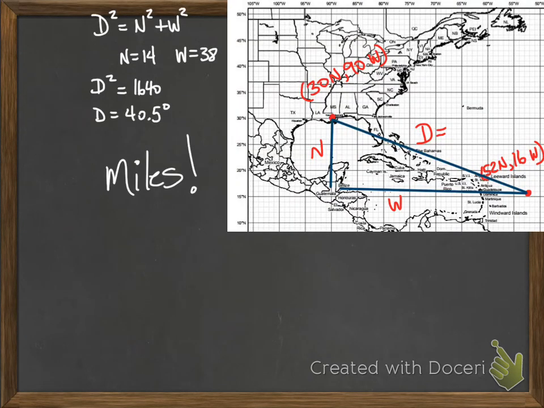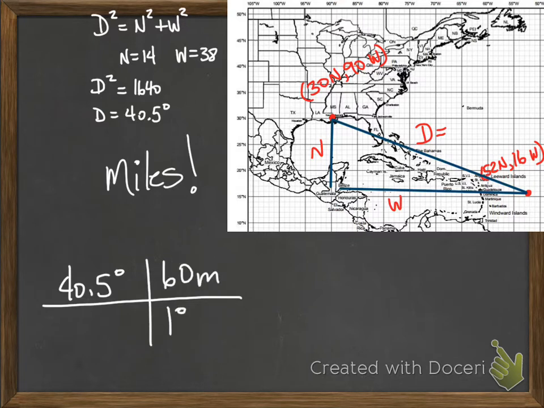So if we know then that it's 40.5 degrees, and we want to know how far away that is in miles, we just convert. We have 40.5 degrees. We want to know how much it is in miles. And we go, okay, well, 1 degree is 60 nautical miles, right? Our units cancel, so this degree cancels out this degree.